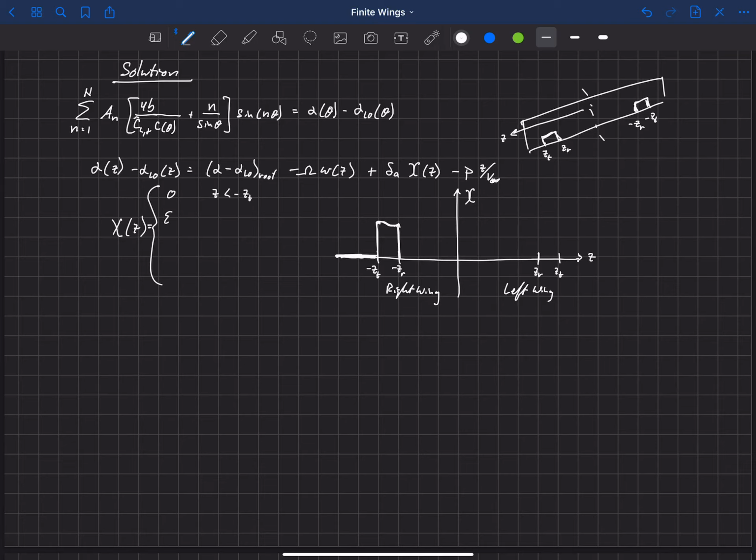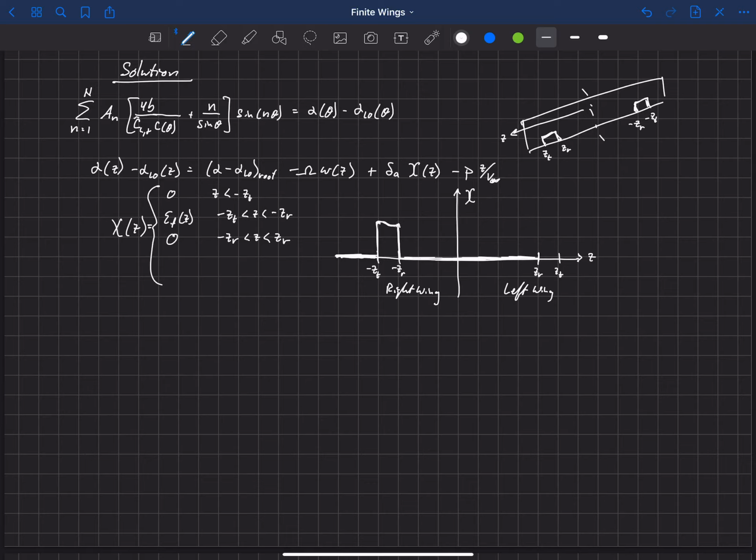So we're going to say that flap effectiveness, which is a function of z, is what it's going to be from minus zt to minus zr. Then from negative zr to positive zr, again, we have zero effect. So 0 from minus zr up to positive zr.